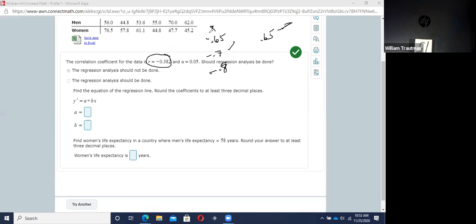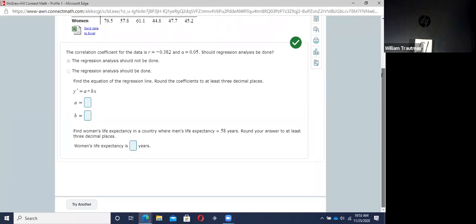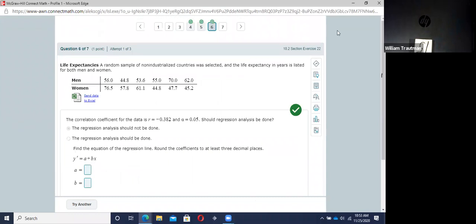So -0.3, which is not within this range, means it should not be done. And if it should not be done, then you don't have to fill these in. So that's kind of cool. You get credit for the whole problem. And I think it marked the whole problem wrong for me, because it didn't tell me whether my regression was good or not.